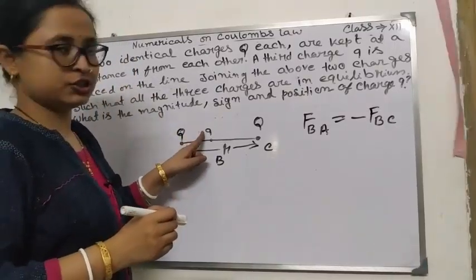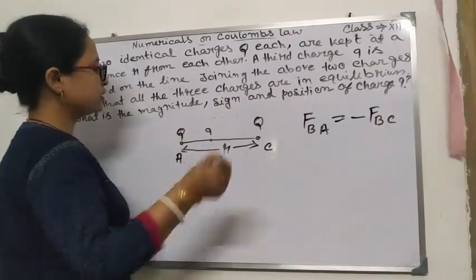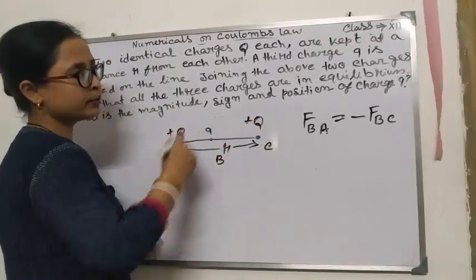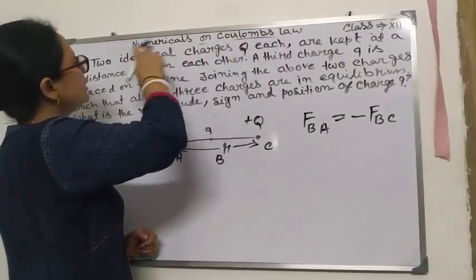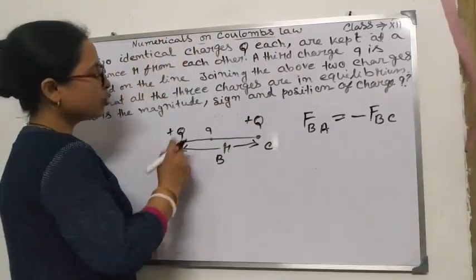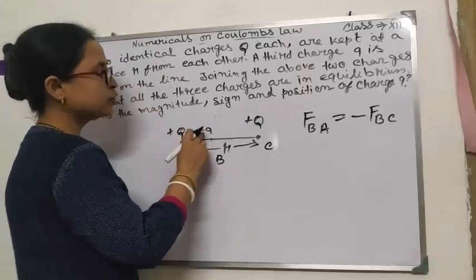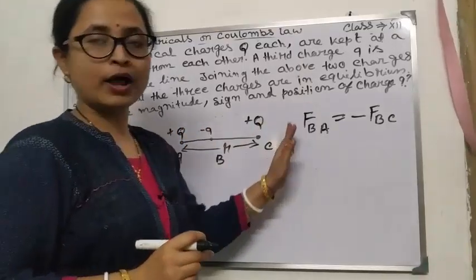If this charge is positive, this is also positive, because it is given that they are two identical charges. Now if this one becomes negative, then only the force between them will become equal and opposite.